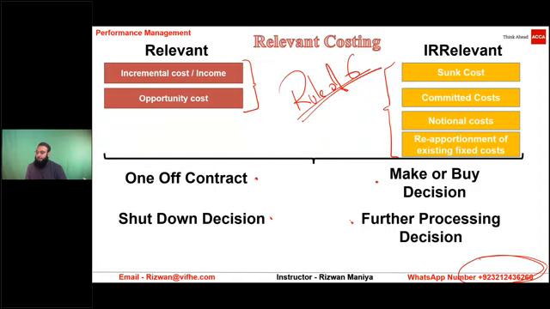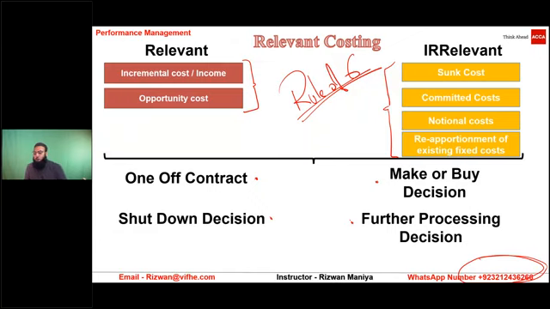The first is incremental cost or revenue. If one particular cost will arise because of your decision, so that's incremental, that's additional, and that's a relevant cost, and it could be the revenue as well. I'll give you examples when I move towards the questions further.